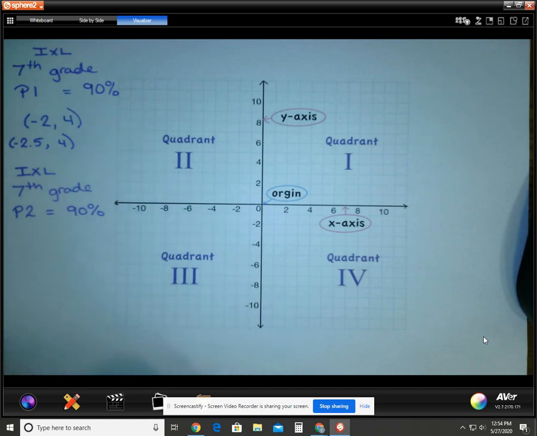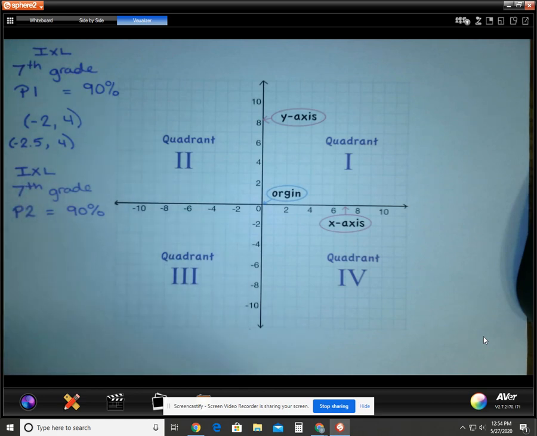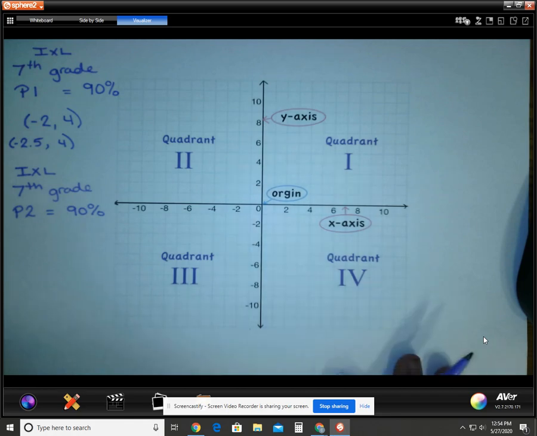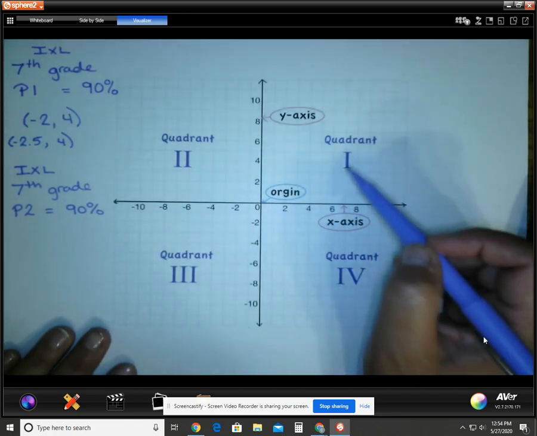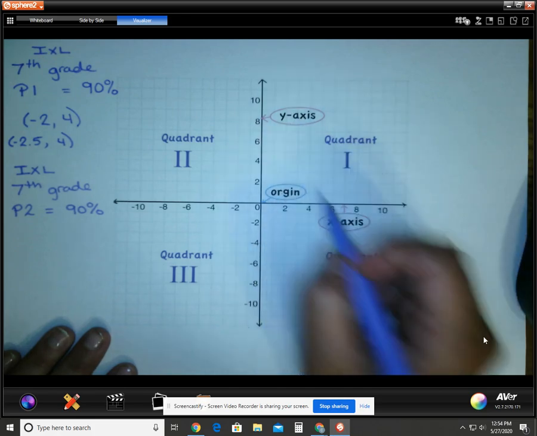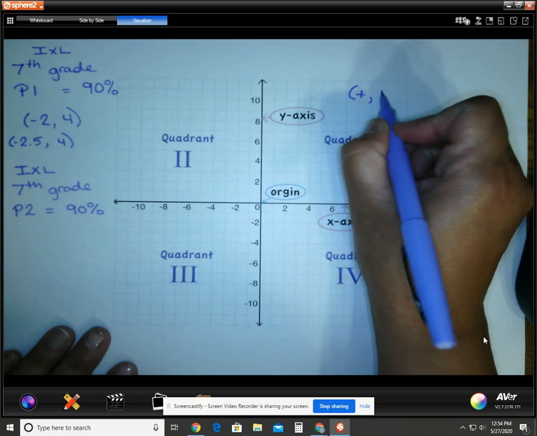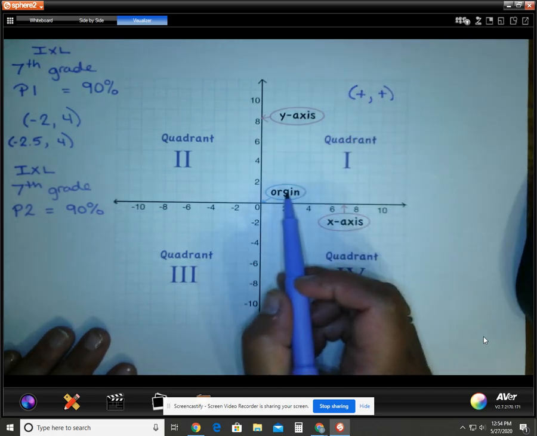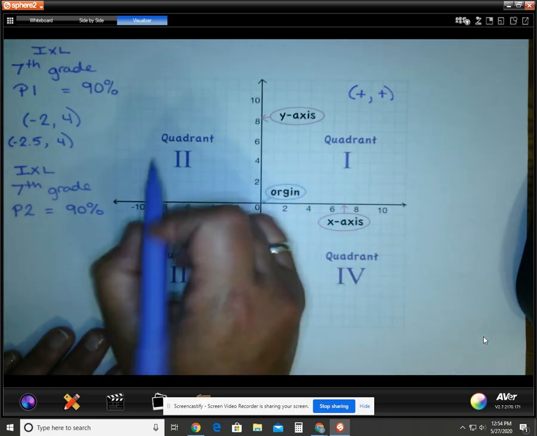For the next skill I want you to work on today, IXL 7th grade P2, they're asking you about the quadrants of the coordinate plane. So I have this up here to remind you. We always start with the positive, which is quadrant 1. So anything within this quadrant is going to start out with a positive number, and the second one's going to be positive as well. As we move to the other quadrants, remember we go counterclockwise.